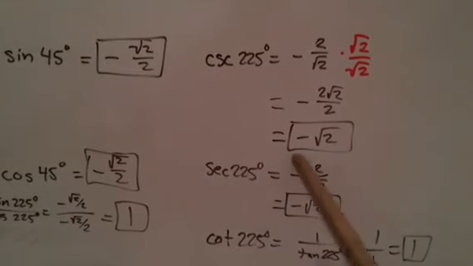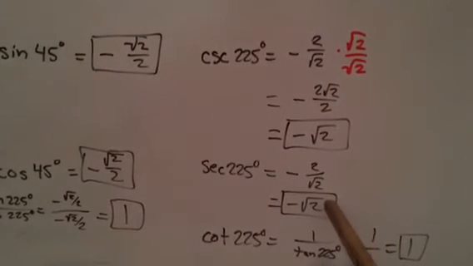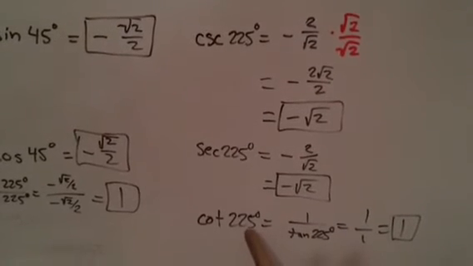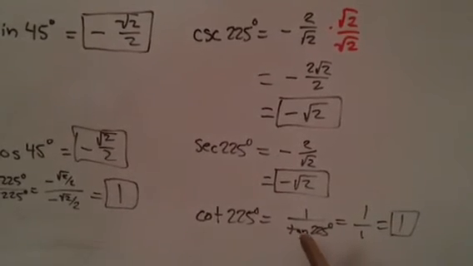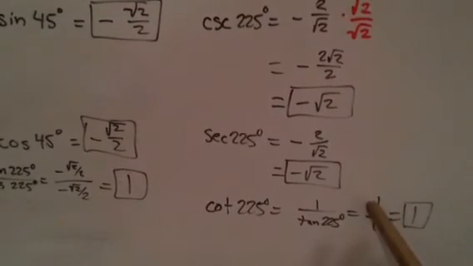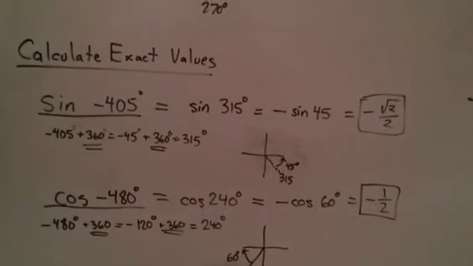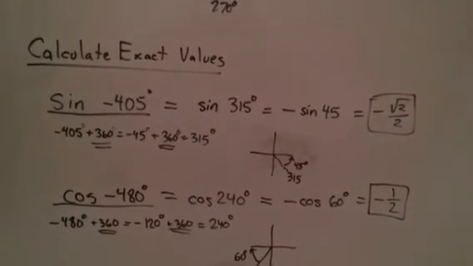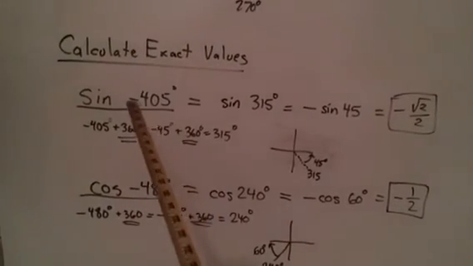Secant, same answer because it uses the same exact value, negative square root of 2 over 2. And cotangent, which is 1 over tangent, the reciprocal of tangent, since tangent 225 was 1, 1 divided by 1 is 1.